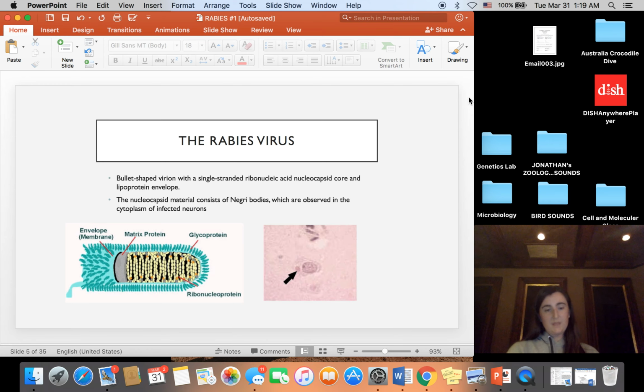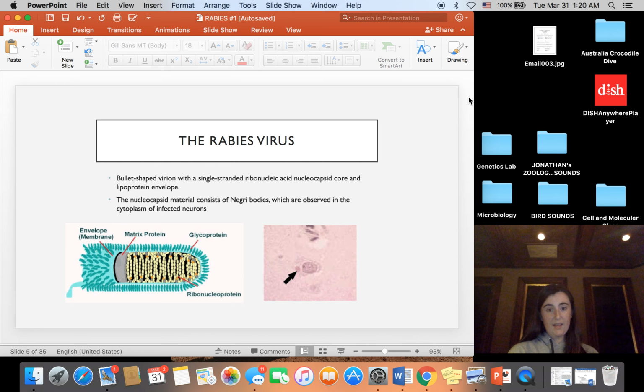So, the rabies virus is a bullet-shaped virion with a single-stranded ribonucleic acid nucleocapsid core and lipoprotein envelope. You can see that in the picture I have to the left. It has an envelope membrane, and in the center it has the ribonucleoprotein.